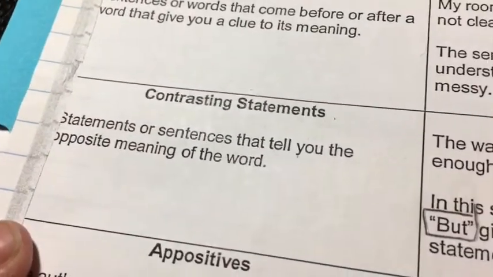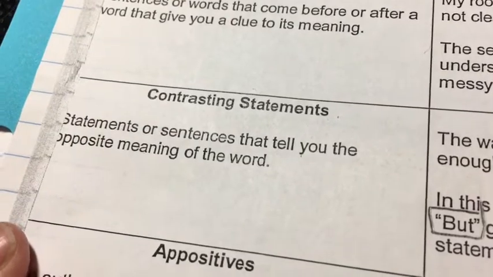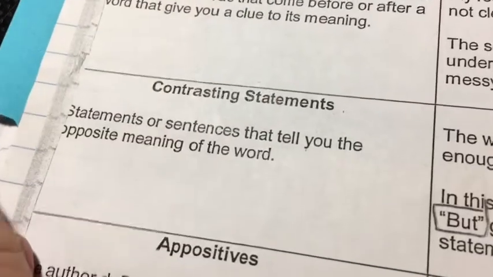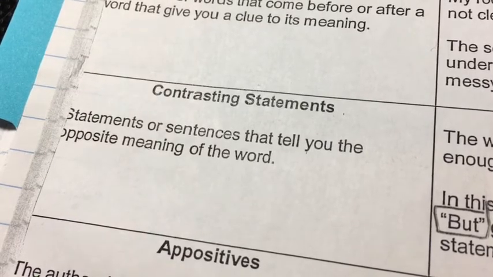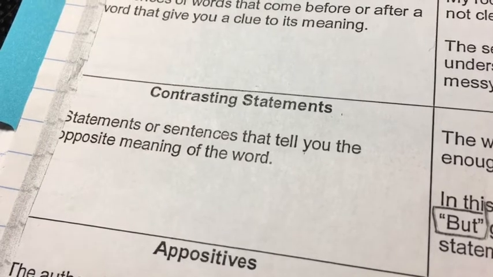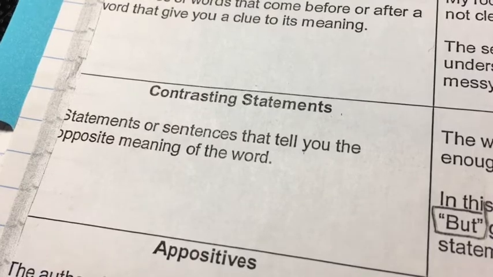Our next strategy that an author uses to let you know what a word means is he gives contrasting statements. Okay, that means statements or sentences that tell you the opposite meaning of the word. Okay, the opposite meaning of the word.